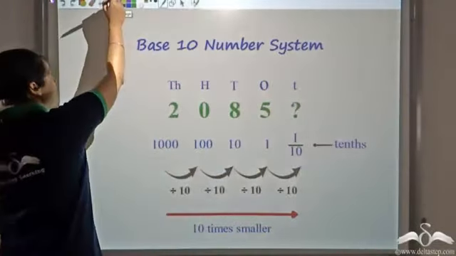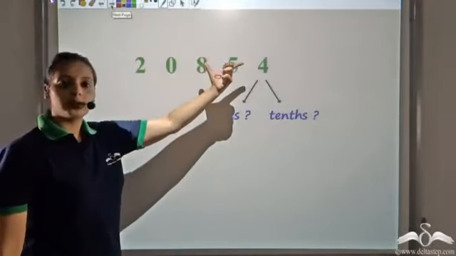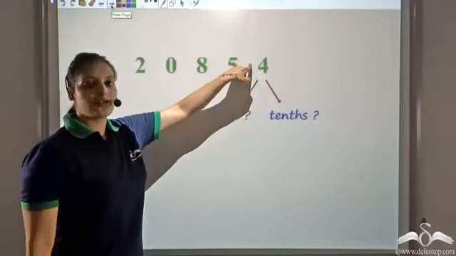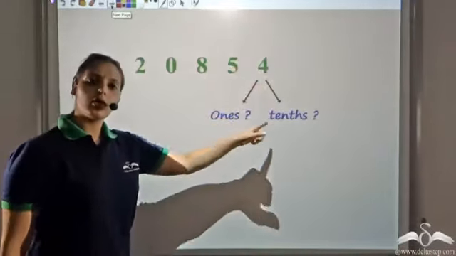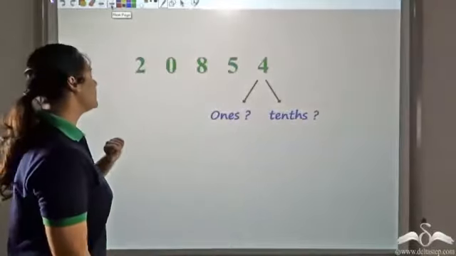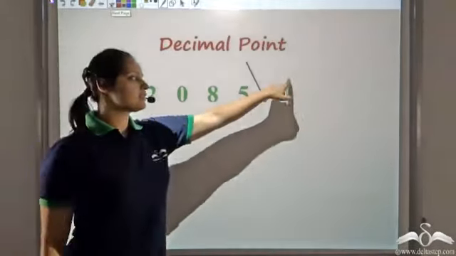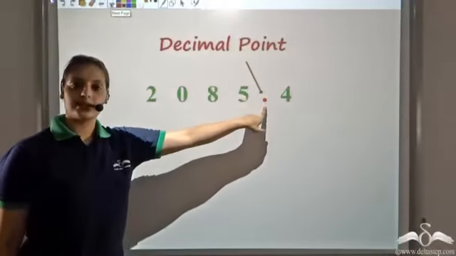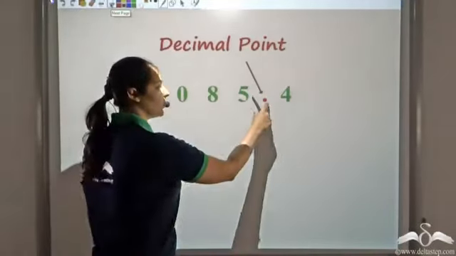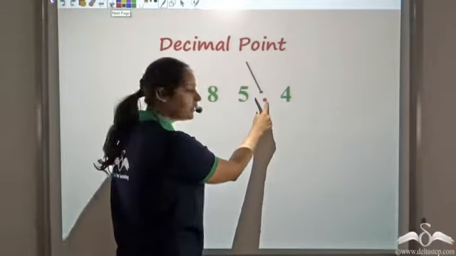Now the question was, if you have a number, what would the last digit represent? Ones or tenths? Well, to solve this problem, it was decided that tenths would start only after a decimal point. So we put a decimal point, that is a small dot.